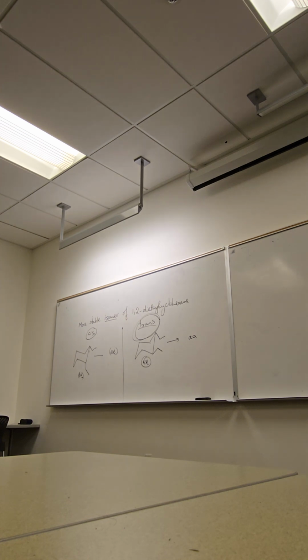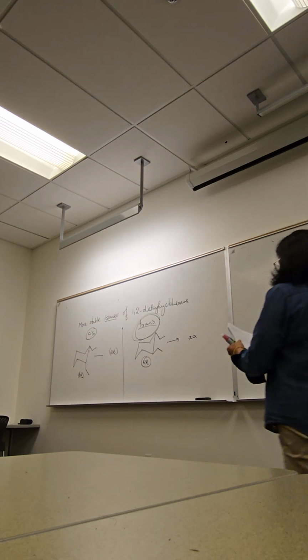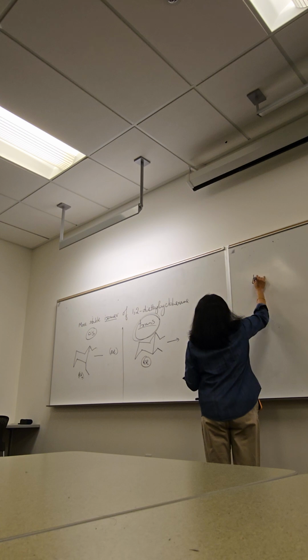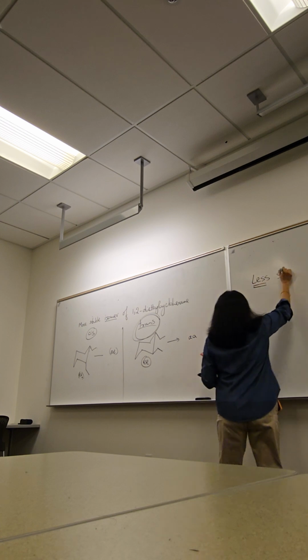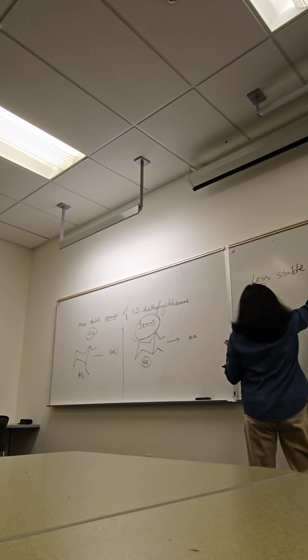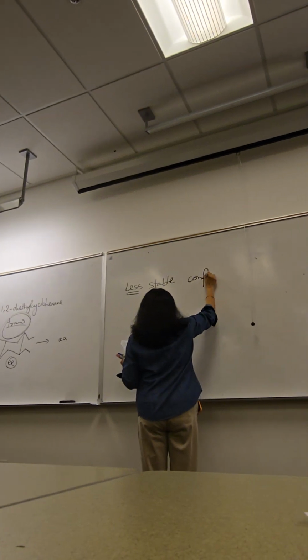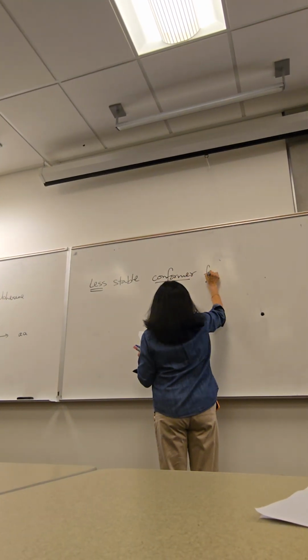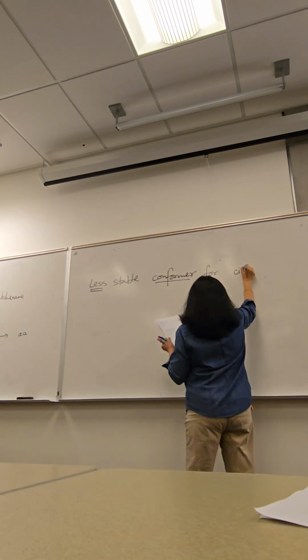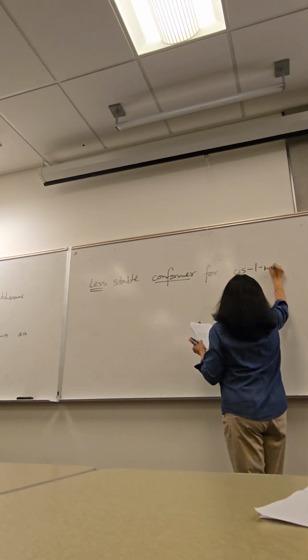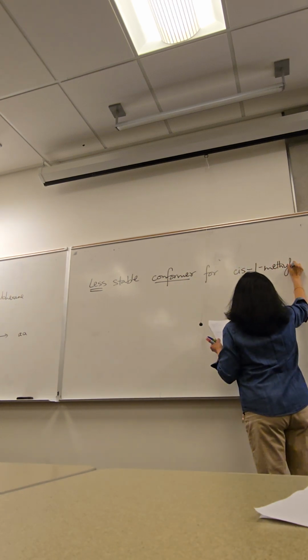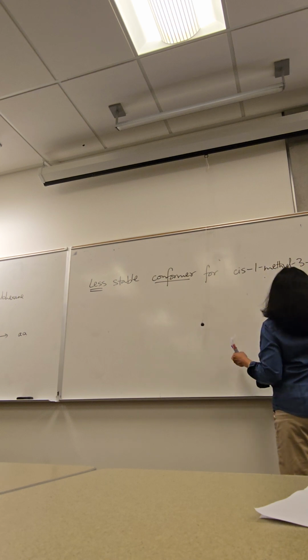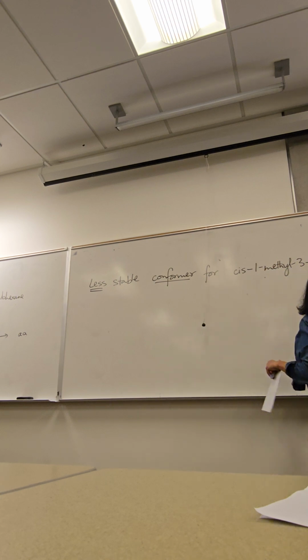Okay. The next one here on this list is the less stable conformer, for 1-methyl-3-propylcyclohexane.